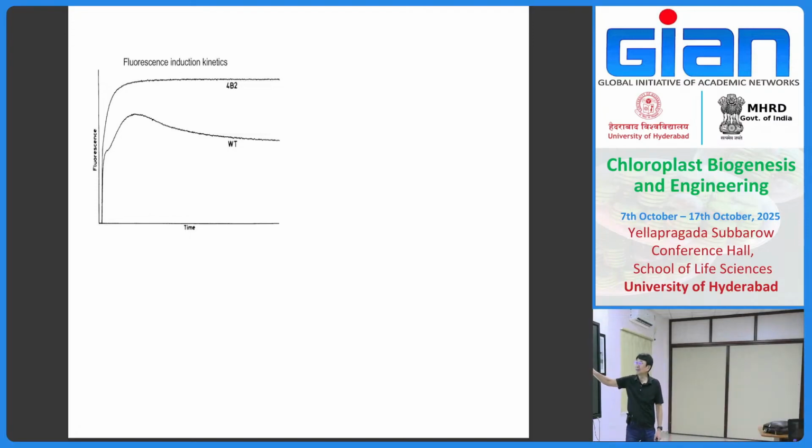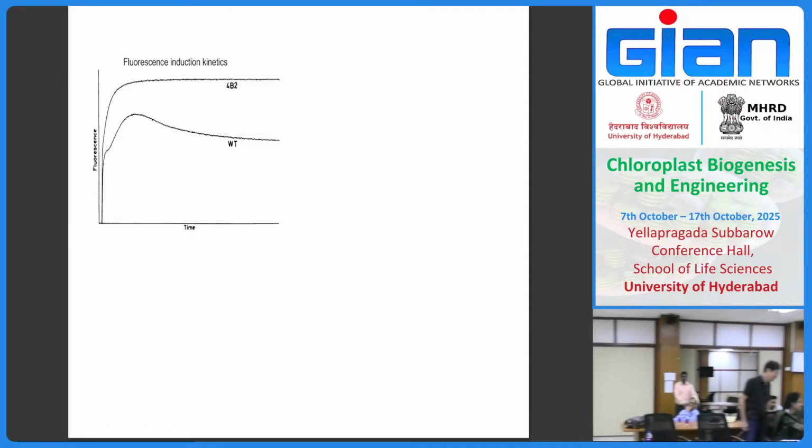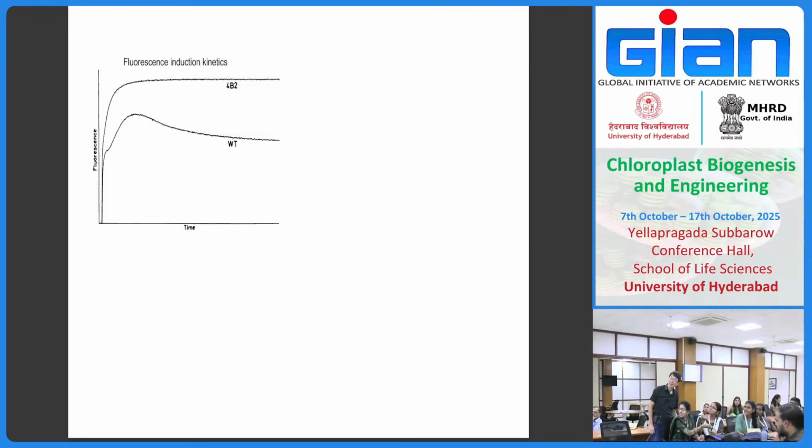This is wild type kinetics, and this is the transformant. But this difference in the fluorescence induction kinetics, what does this mean? Fluorescence in the mutant is more than in the wild type.